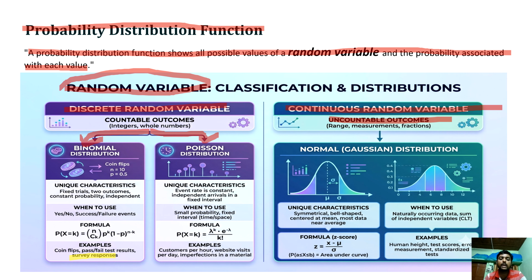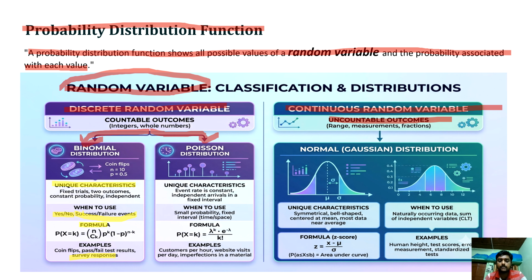Unique characteristics: fixed trials, two outcomes, constant probability, independent. When to use: yes or no, success or failure events, or son or daughter events. There are only two outcomes, so the binomial distribution can be used.